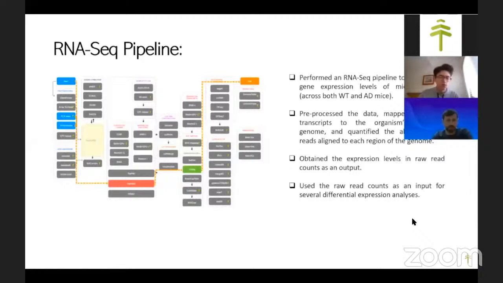And just as with any RNA-seq pipeline, I pre-processed the data, then I mapped the RNA transcripts to the organism's reference genome, and I then quantified the abundance of reads aligned to the reference genome so that I could get a gene expression table in raw read counts. And then I used this gene expression table as an input for several differential expression analyses.